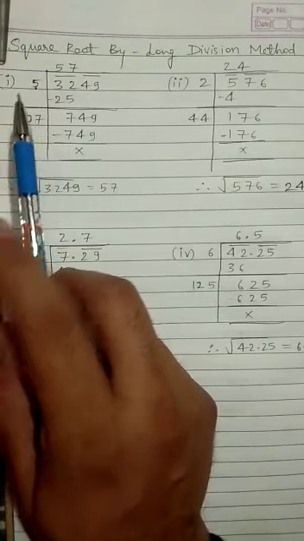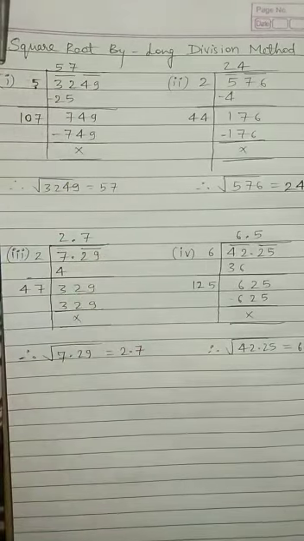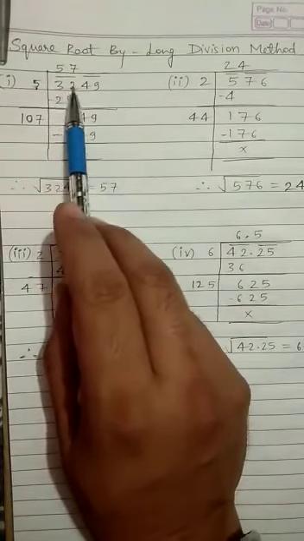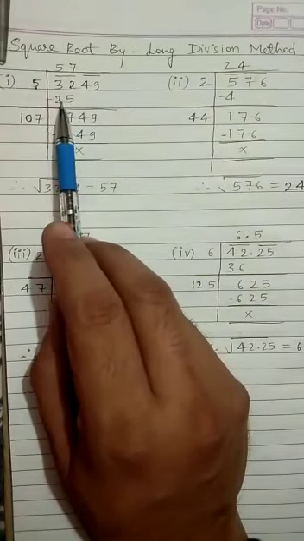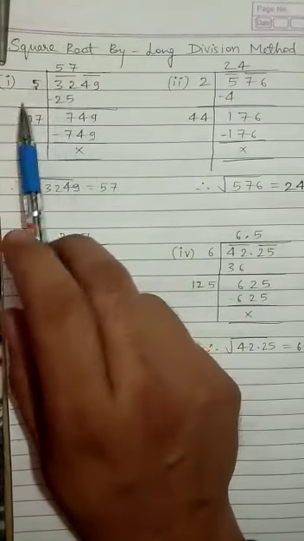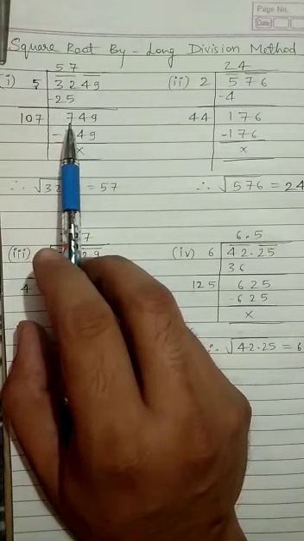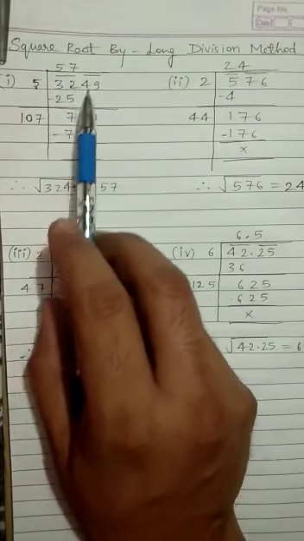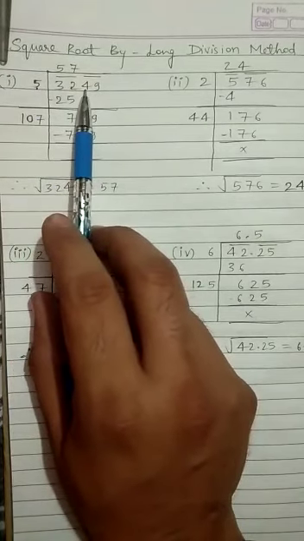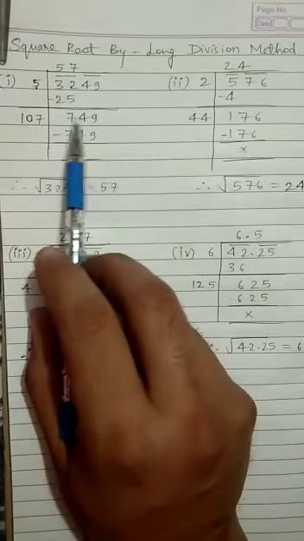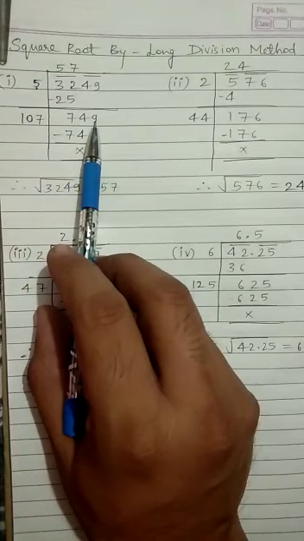Suppose if we multiply 6, 6 6s are 36, which becomes more than 32, which we will not be able to write because 36 cannot be subtracted from 32. So 5 5s are 25, 32 minus 25 is 7. After that we will copy down the complete next pair, that is 49, along with this 7, and it will become 749.